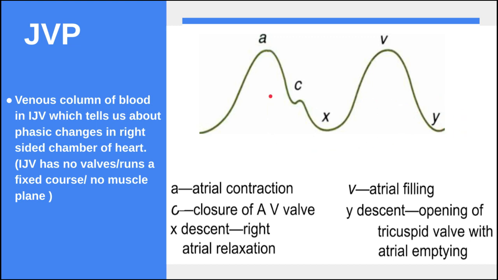A wave is due to atrial contraction. C wave is due to closure of the tricuspid valve. Then X descent is due to atrial relaxation. V wave is due to venous filling or atrial filling. Then Y descent is due to opening of the tricuspid valve.